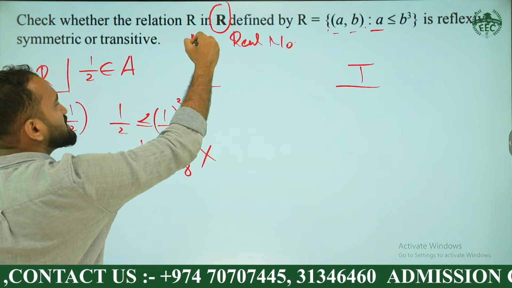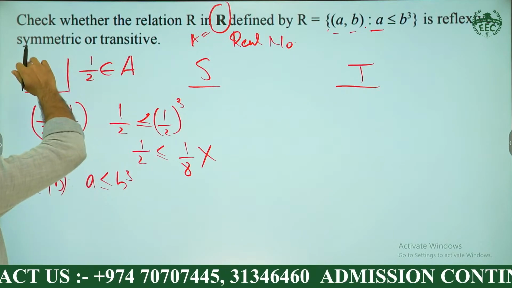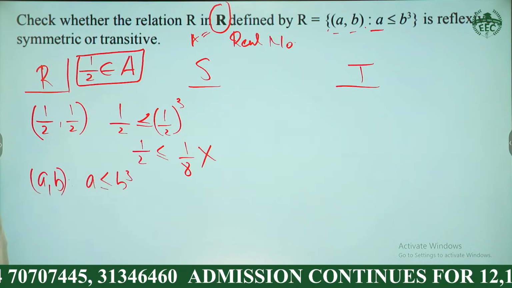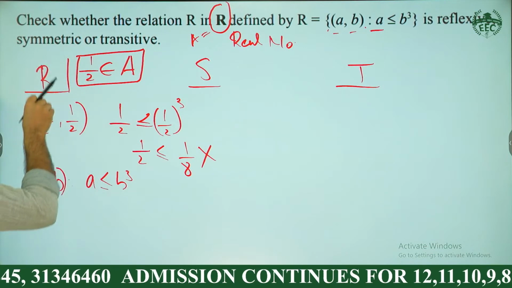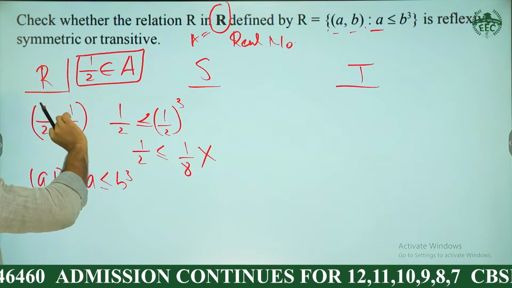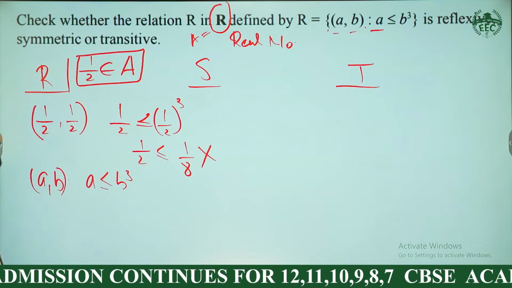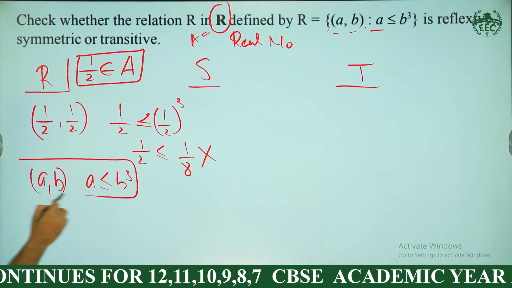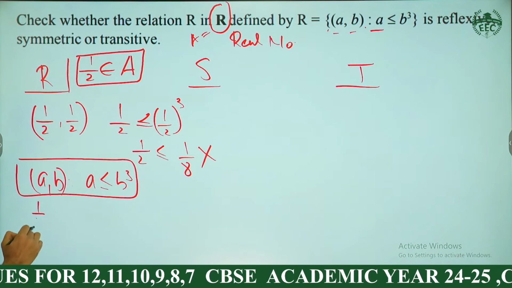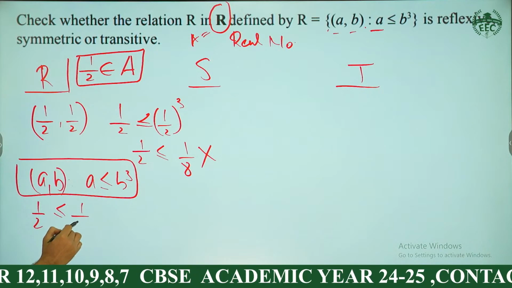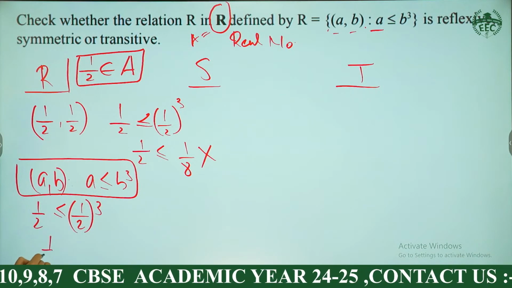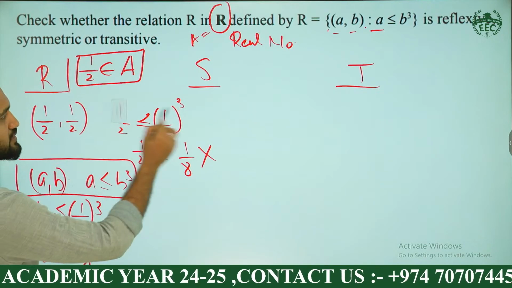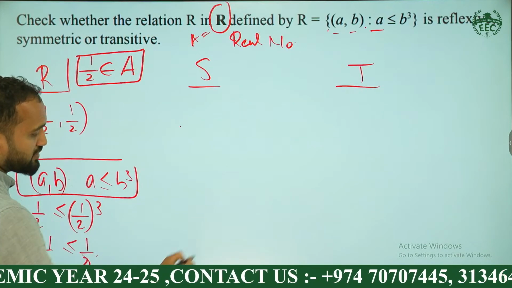Let me call this set A as real numbers so we don't confuse it with the relation R. Here 1/2 is an element of set A, which is real numbers, but its reflexive pair, (1/2, 1/2), is not there in the relation R. Therefore, the relation is not reflexive.